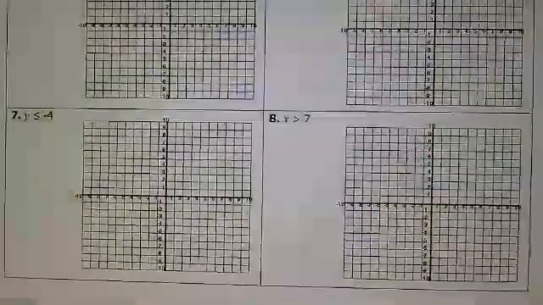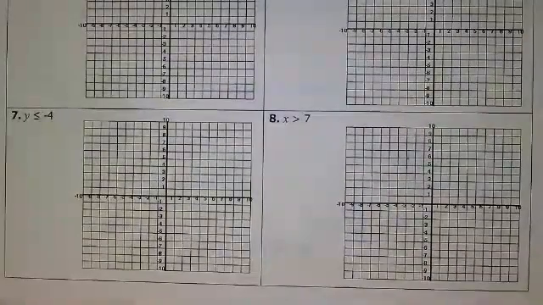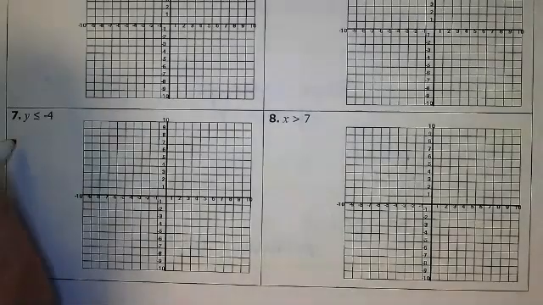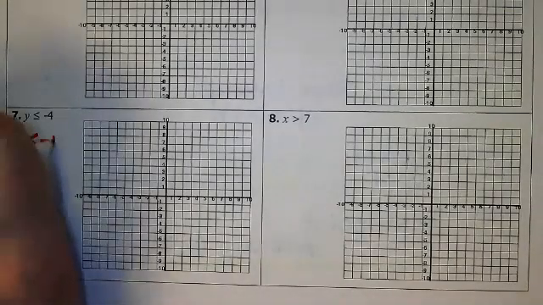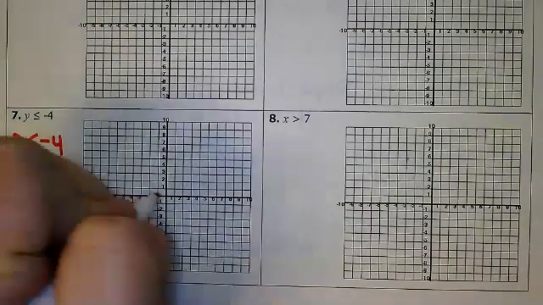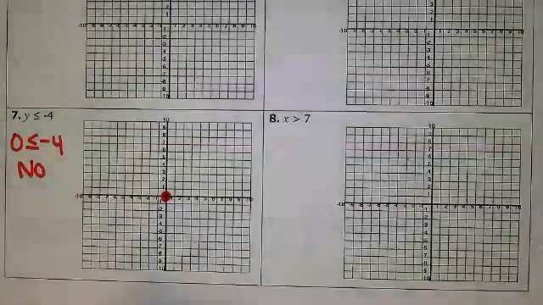So again, when I tell you that y is less than or equal to -4, I'm telling you that every single number, for y specifically, is going to be less than or equal to -4. So if I plug in my 0, is 0 less than or equal to -4? And you would tell me no. So because it is not less than, I'm going to shade the other way.